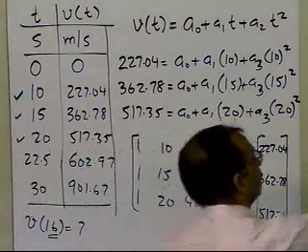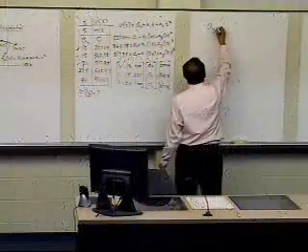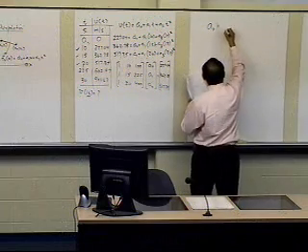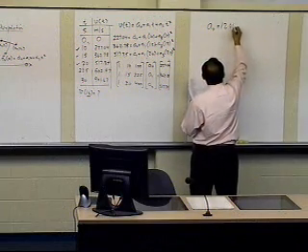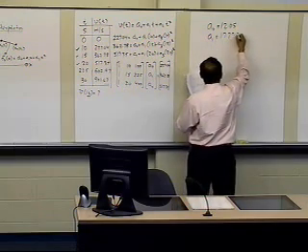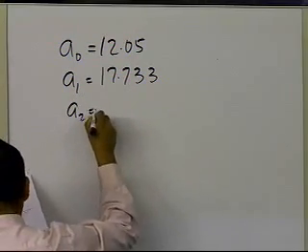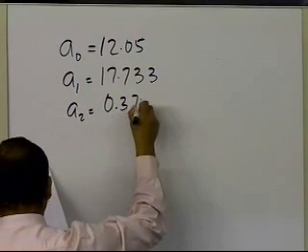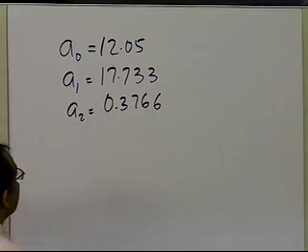So what I find out is these are the constants I get. A naught I get to be 12.05, A1 I get 17.733, A2 I get 0.3766.